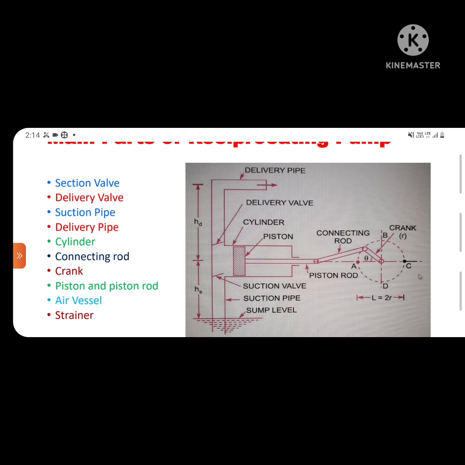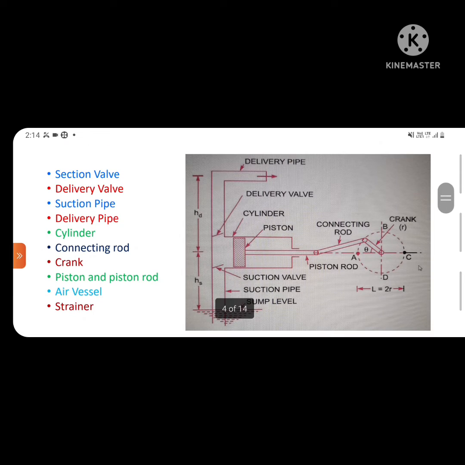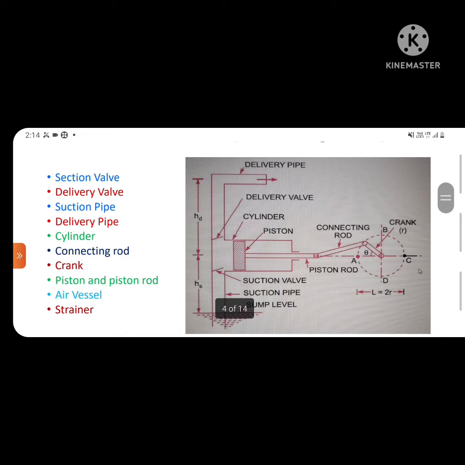The crank is fitted to maybe the electrical motor shaft, and there is a suction pipe, similar to the centrifugal pump, and the delivery wall is connected or fitted on the delivery pipe. There are also air vessels provided to remove the air.